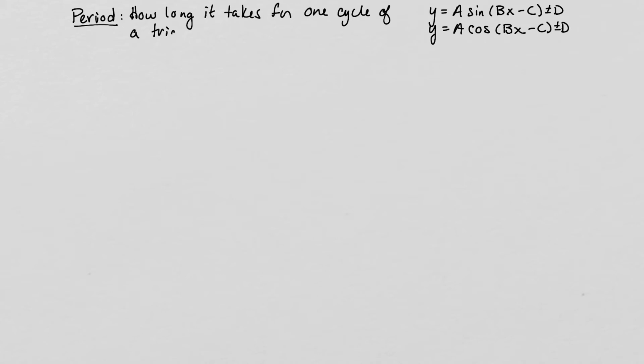Okay, so the period, when we're talking about a sine or a cosine function, the period is how long it takes for one cycle of a trig function to be completed.